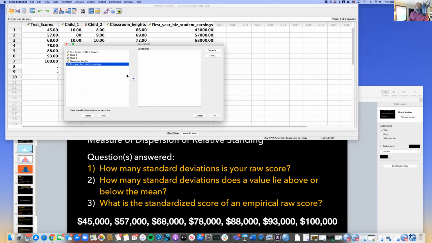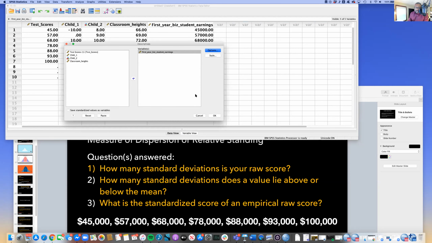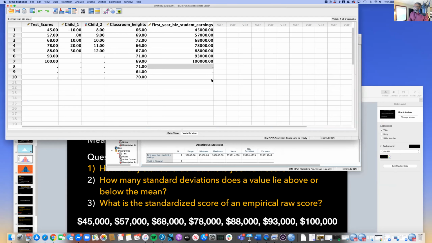And then we're going to take first year biz students earning and put it in the variable box. Let's do our normal 6 here: our mean, standard deviation, variance, range, minimum, and maximum. And then click continue. And then we're going to click OK.